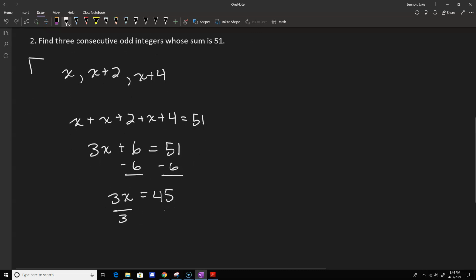So when we do that, we end up with our answer, x is equal to 15. And again, you could check this the same way that we did in the previous problem. We could just go back to the original equation and say, okay, 15 plus 15 plus 2 plus 15 plus 4. Check that comes out to 51, which it does.